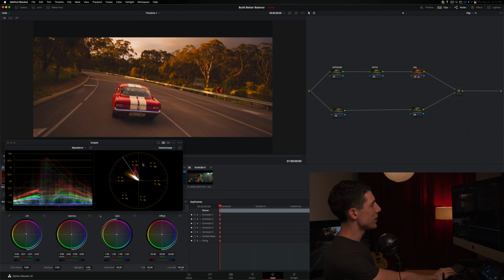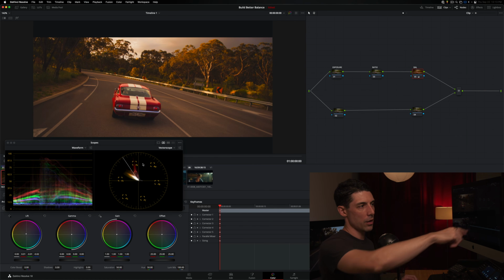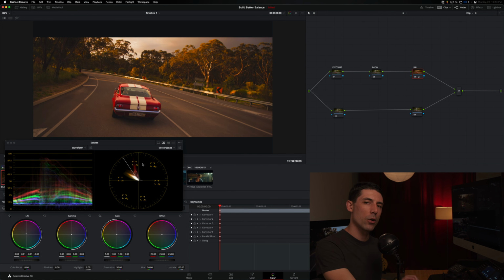Now, it's worth noting lift doesn't really have the response visually that you might expect when you are working in a color managed environment. Lift has a very broad influence, and it's going to influence much more of the image than you might expect. You might expect it to be more confined or localized to lower tonal values like the pavement here in the lower left-hand corner of the frame.